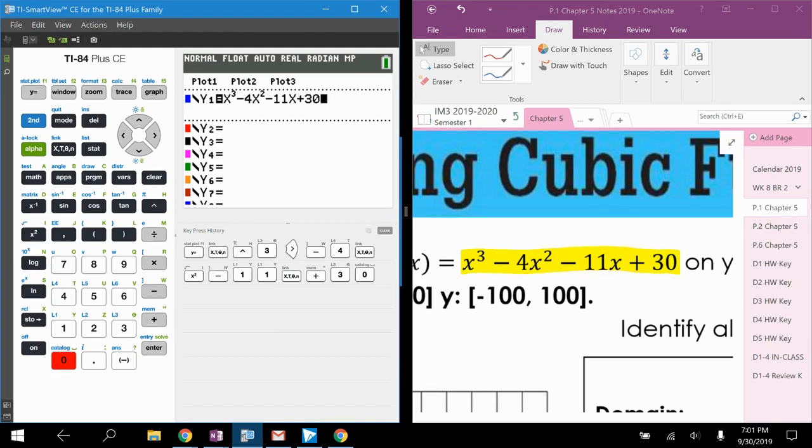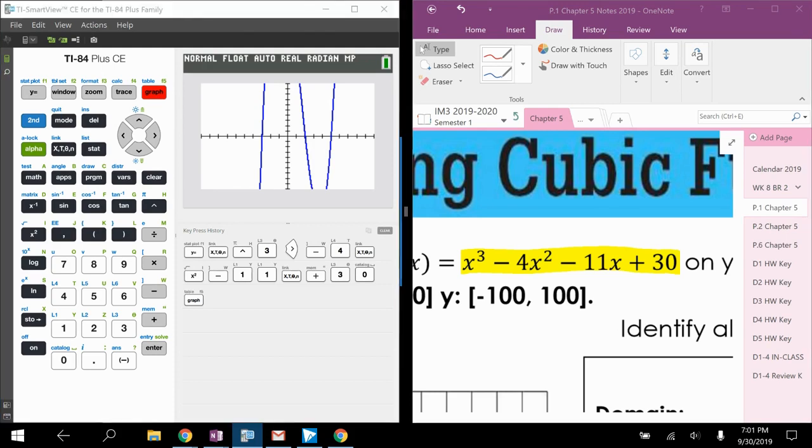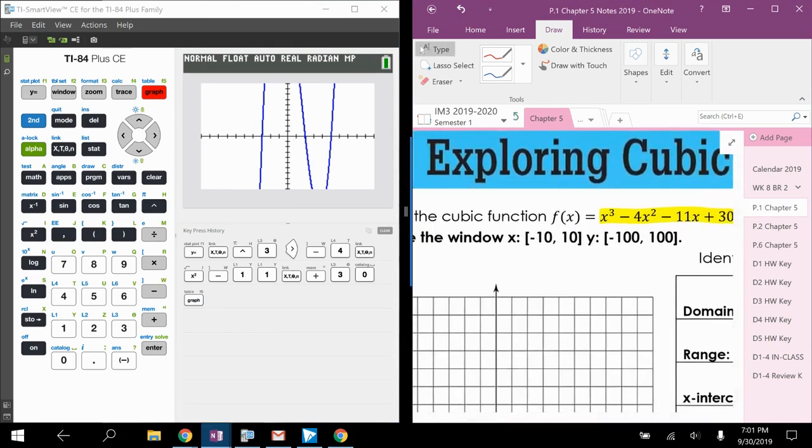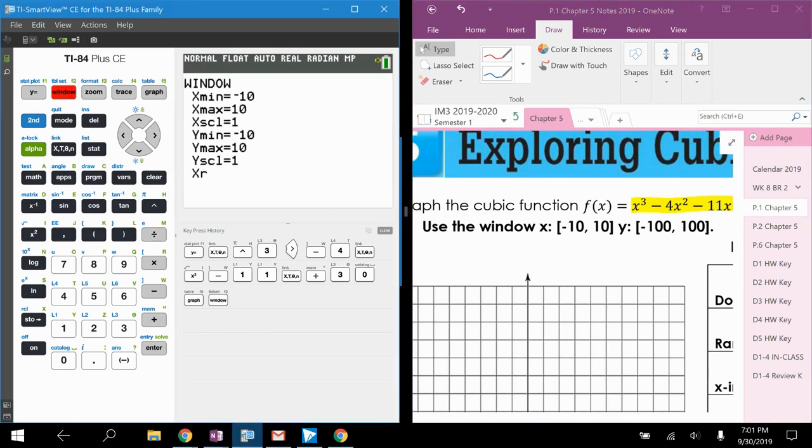Now go ahead and press graph so we can kind of get an idea of what it looks like. When you press graph, you'll notice it's not that visually appealing. So I did provide here on your notes, which will be super important that you understand what this means, use the window -10 to 10 and -100 to 100. So go ahead and press window on your calculator. The -10 and 10 are good to go.